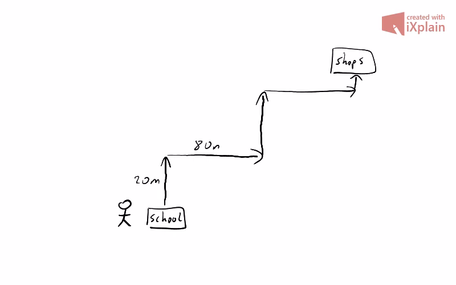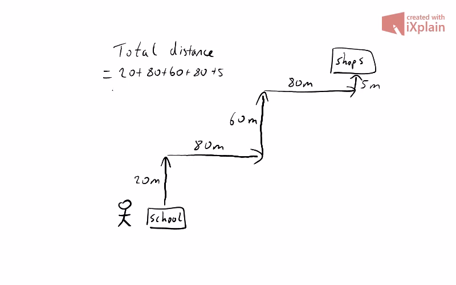If we take a random route and total up all the distances measured along your journey, to get the total distance all we need to do is add all those single distances together. So the total there is 245 metres.